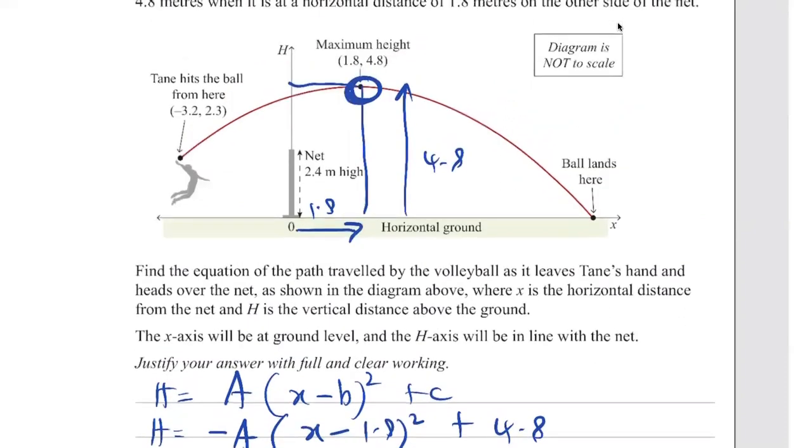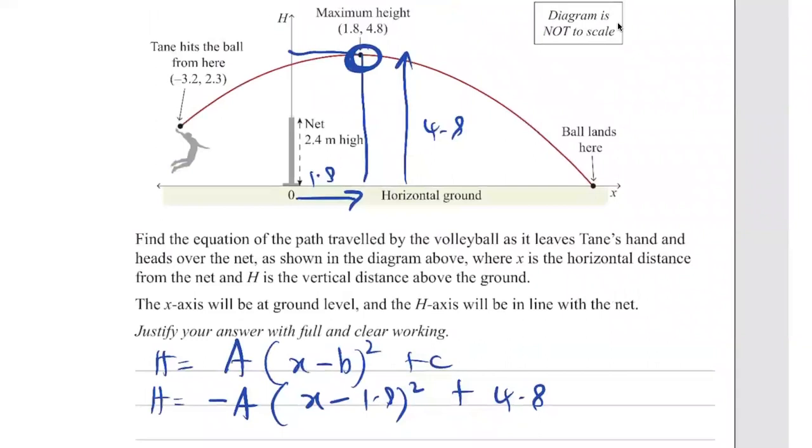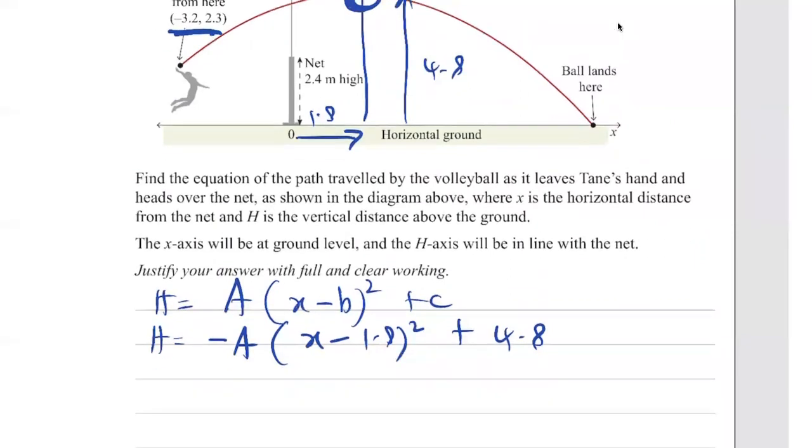All right, good. Now, what we have to do is work out, well, what is a? Because we are not sure what shape this parabola has, but this point here is going to help us because that is on the parabola. So if that's on the parabola, we can substitute that into the equation and then work backward to find out what a is equal to. So we can substitute those in.